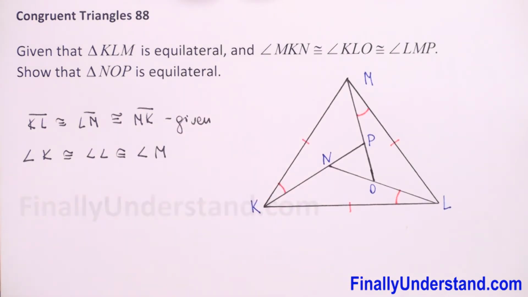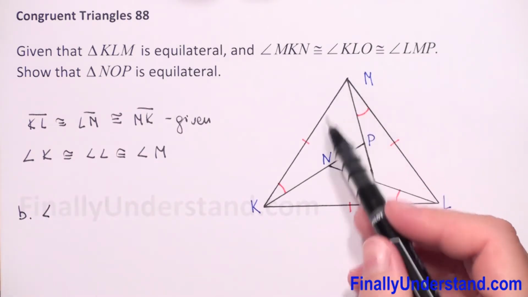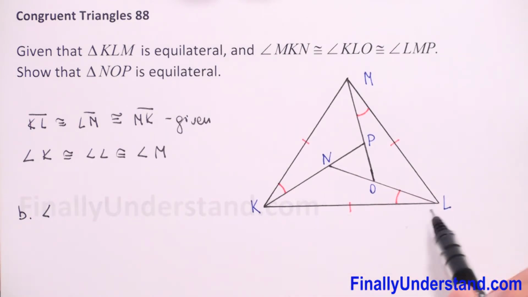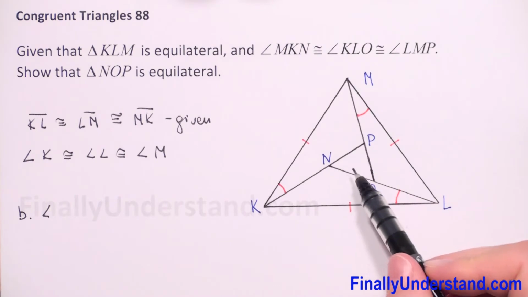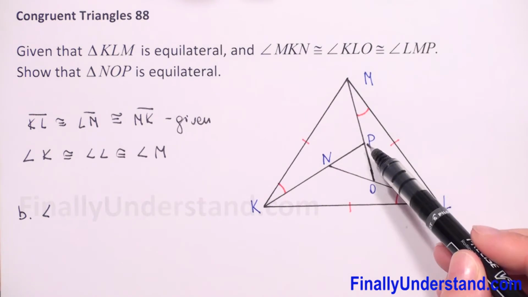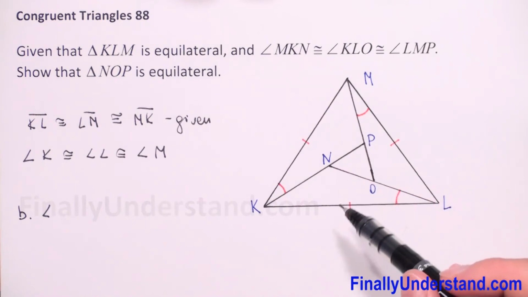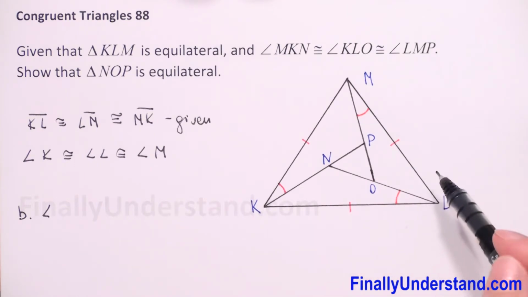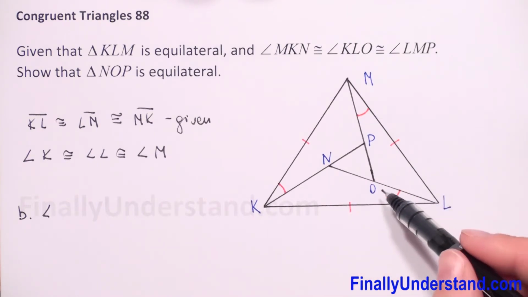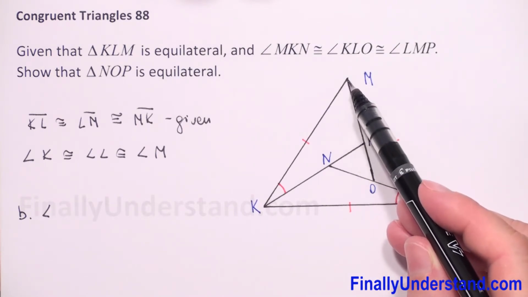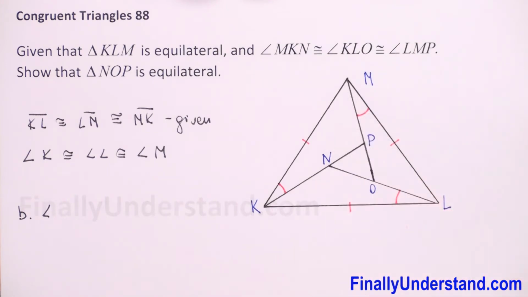And because we are given that angle MKN is congruent to angle KLO and to angle LMP, it means that angles NKL is congruent to OLM to PMK.